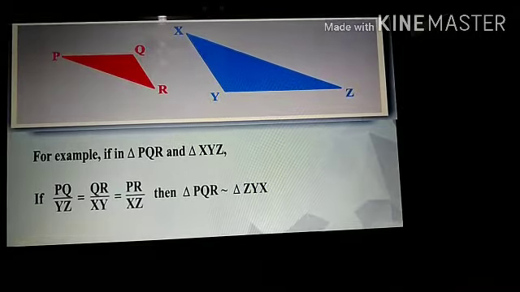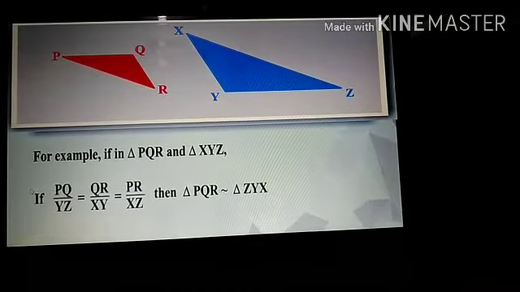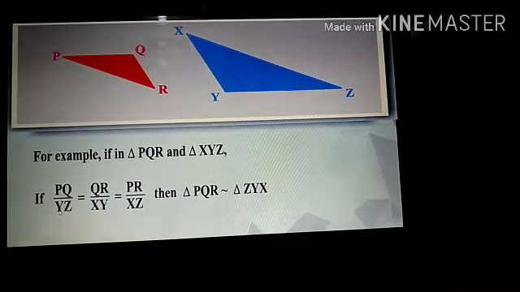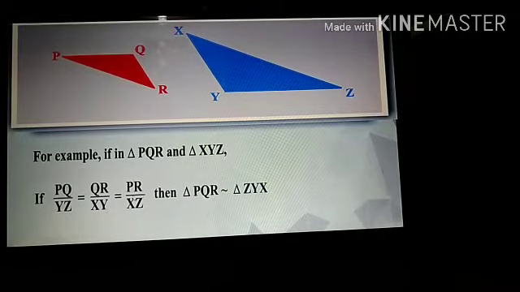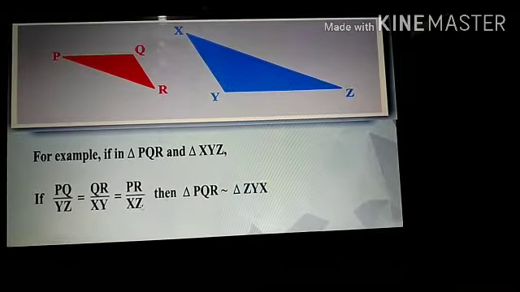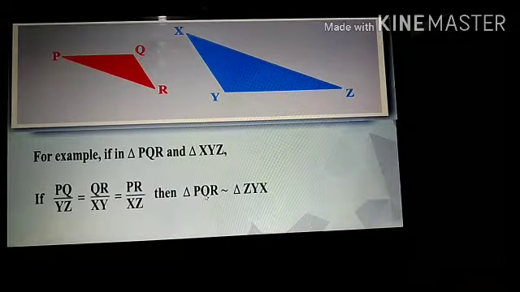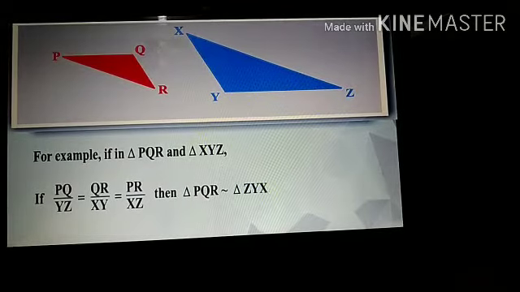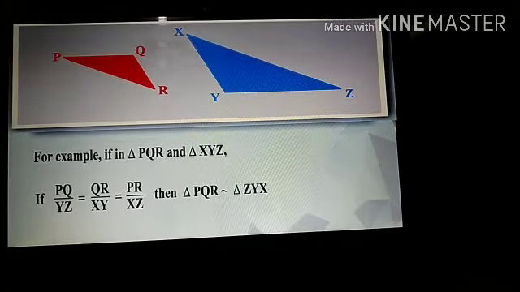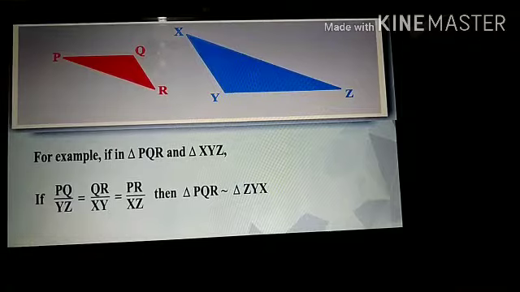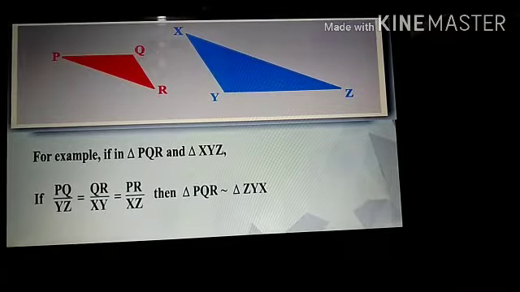If we get the ratio of the sides of the triangle, that is PQ upon YZ is equal to QR upon XY is equal to PR upon XZ, then we can say triangle PQR is similar to triangle ZYX by SSS test of similar triangles. Taking into consideration all these tests, we are going to start solving practice set 1.3.